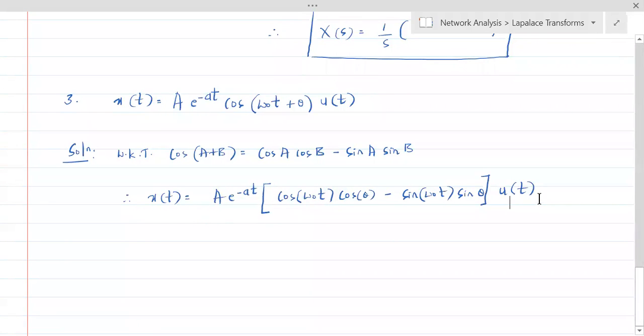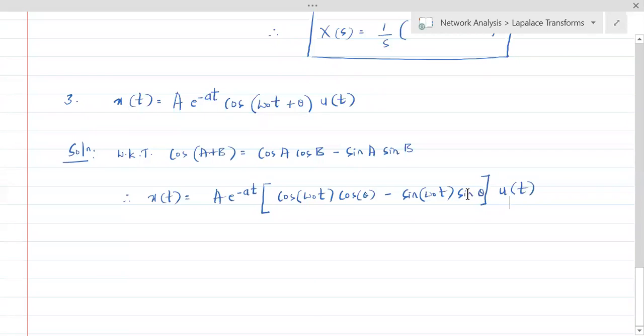See here, the parameters which are functions of t are signals. That means e power minus at is a signal, cos omega naught t is a signal, but cos theta is not a signal. Why? It's a number like A, because it's not a function of t. So entities which are not functions of t are not signals. In the same way, sin omega naught t is a signal, but sin theta is not a signal, it is just a scalar.